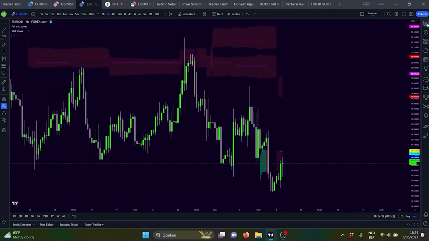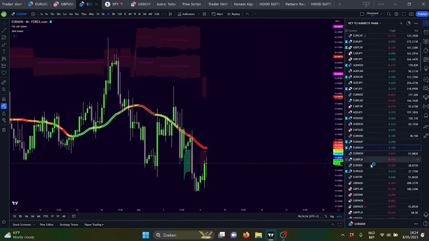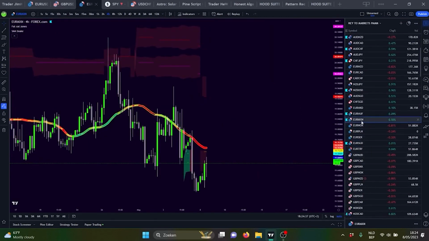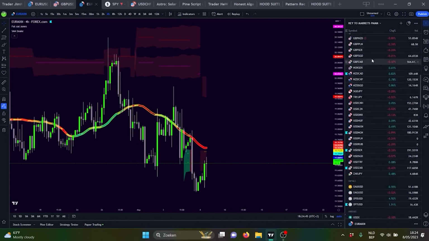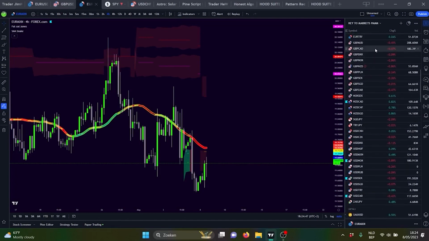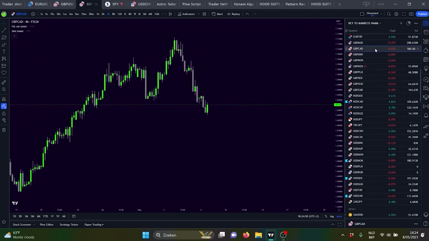Well, these are just exotics. I'm even going to remove them from the list because why would you trade the exotics when you're trading on a real account? The spread is going to be too big, so why even bother? Let's go do some more less exotic pairs, GBP cat.